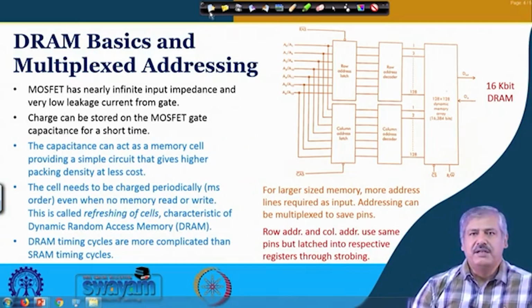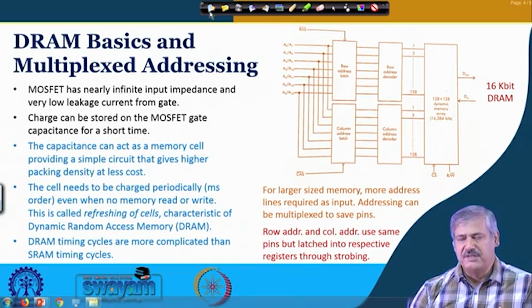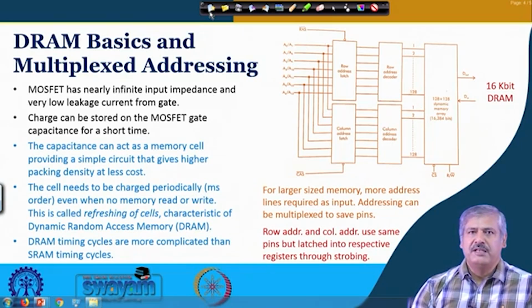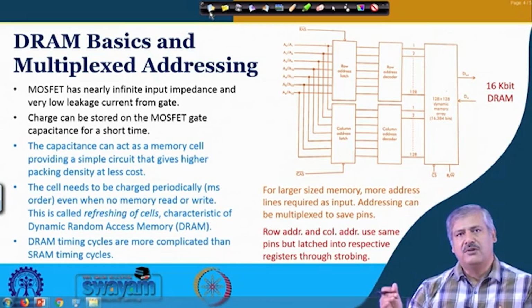Now, as I was telling, it can pack a large number of memory cells in one particular block, because of the simple nature of the circuit. So, you can expect that for a particular memory block, the number of address pins will be quite large, because whatever the number of memory cells, log of that to the base 2 is the number of address pins, address bits, address lines that will be required.